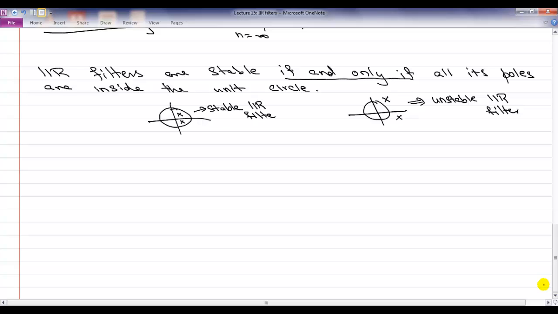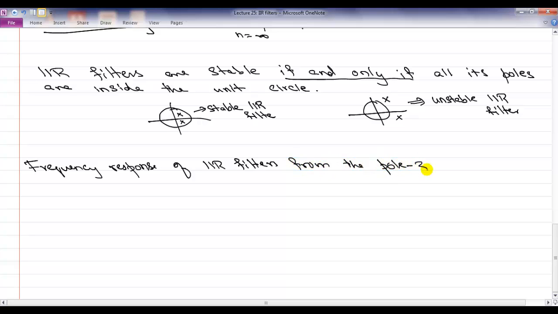Now let's move on to the case which we did for the FIR filter design, which is what does the pole zero diagram tell us about the frequency response of IIR filters. Now we already did that case for FIR filters, but in that case we only had zeros.